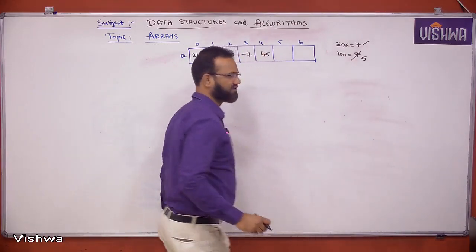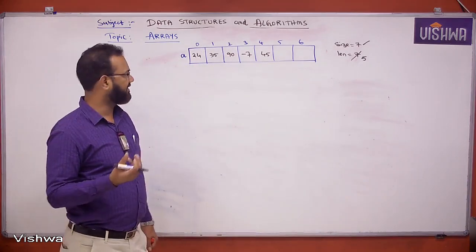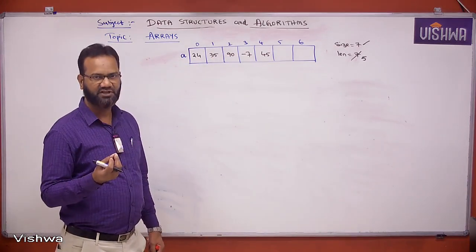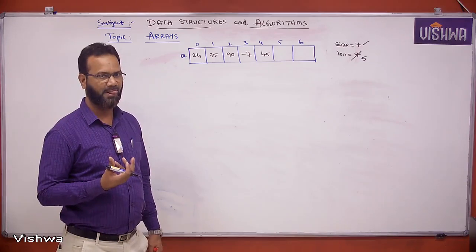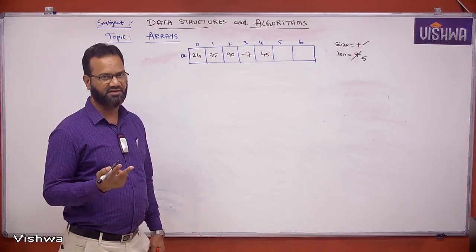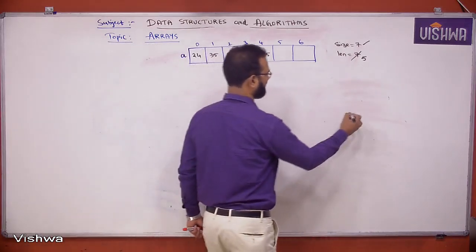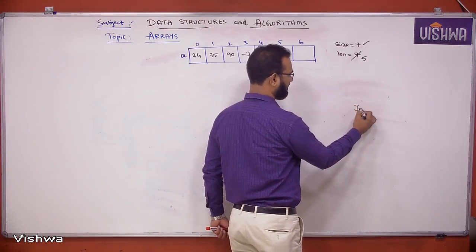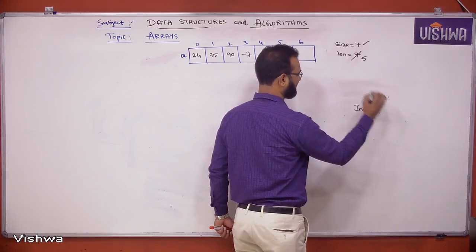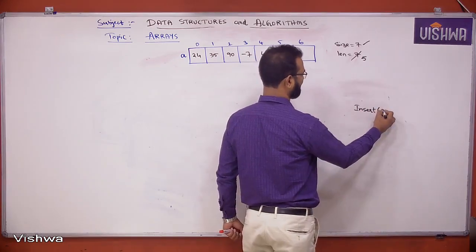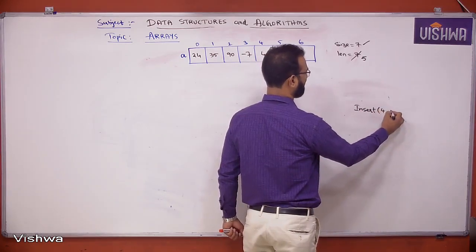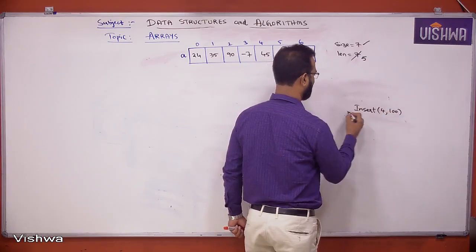Now tell me first of all how many data elements I can store and what are the possible positions. 2 elements I can insert, but let us try to insert. I'll be calling the function something like this. I want to insert at position 4 one data element 100.